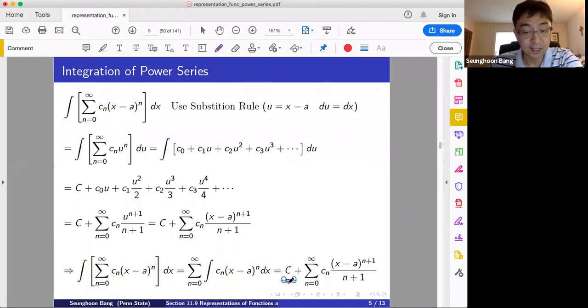You can add C because this is an indefinite integral. So only use the power rule on x minus a to the power n. We have x minus a to the power n plus 1 over n plus 1. This is the whole idea for solving this problem.